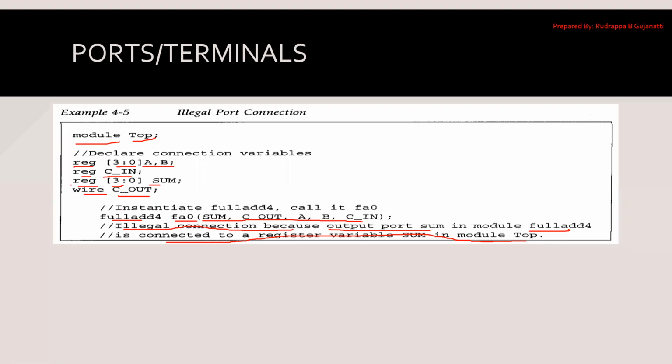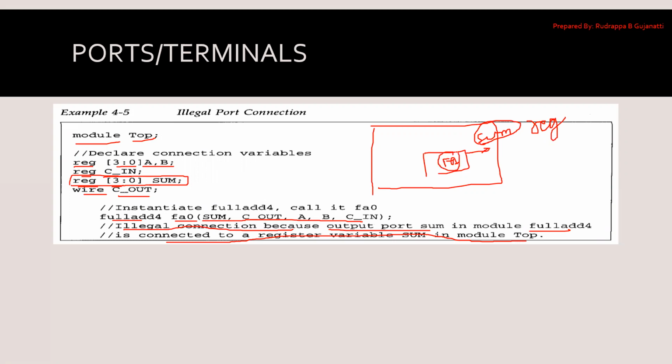So this also creates a problem. Why does this create a problem? If you observe the top module and the full adder module, sum is actually the output of the full adder. When it is the output of the full adder, it can be declared as a register data type within the full adder.